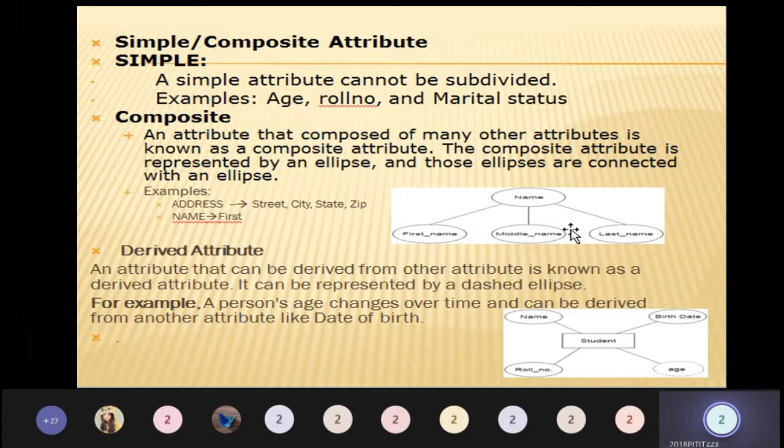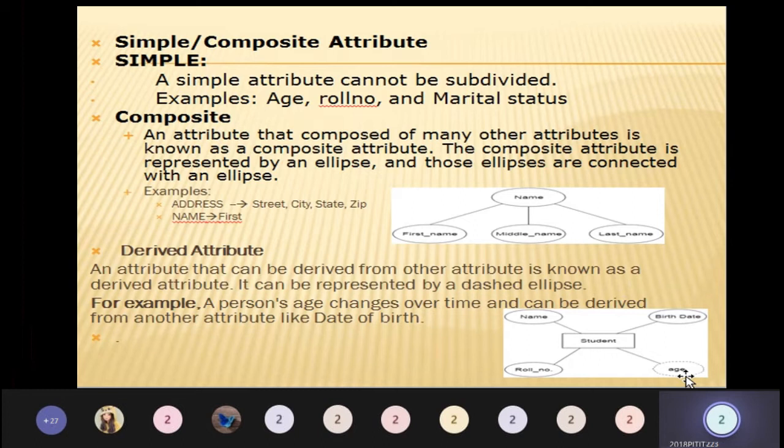Next, let us see the derived attribute. An attribute that can be derived from another attribute is known as a derived attribute. It is represented by a dashed ellipse. Look at this figure.